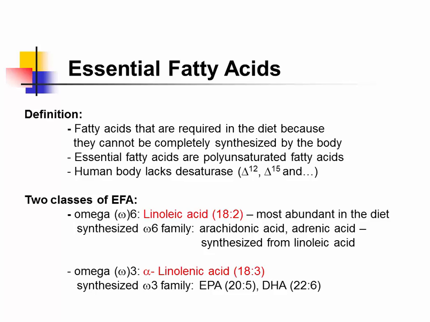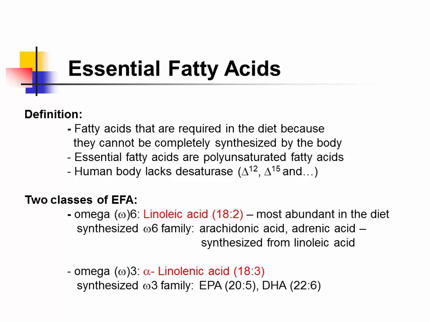So it requires desaturases to make double bonds. We have some desaturases, like desaturase 5 and desaturase 6, but we do not have desaturase 12 and desaturase 15 in our body.